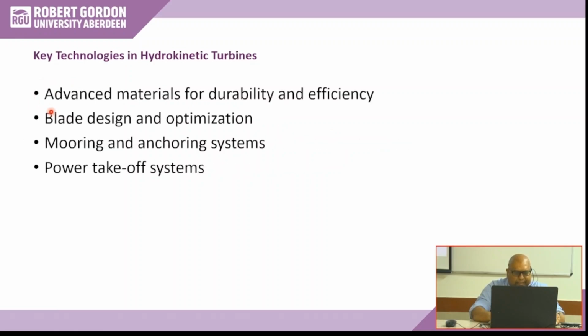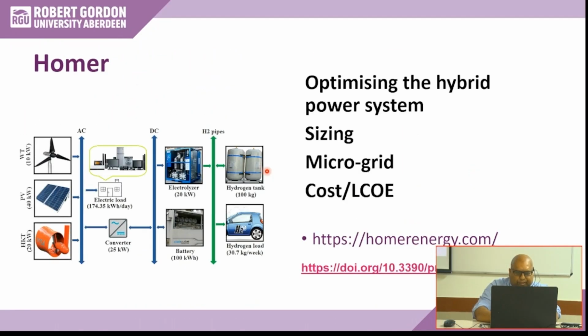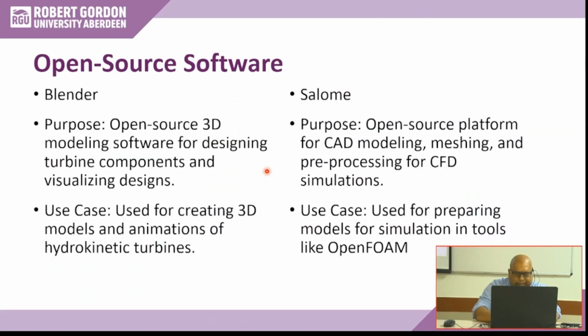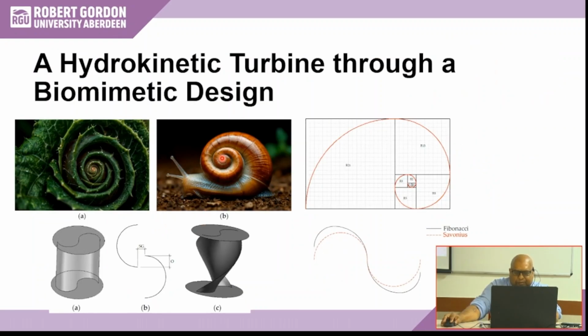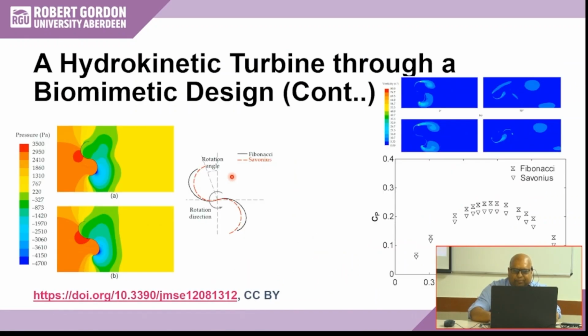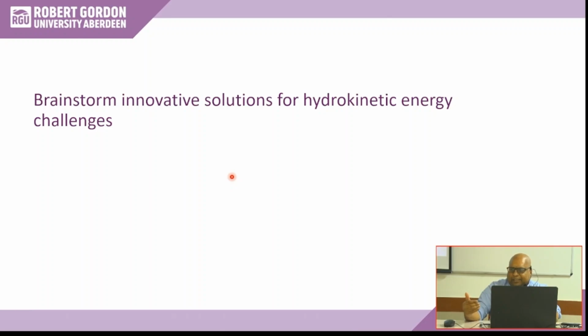Based on that, again, blade design and optimization, mooring system, and also I gave you some examples. This is one example of change of blade, another example here, but you don't need to follow those. Now think about, okay, you came up with your initial design yesterday I talked to you, and can I now think about and come up with any other changes in my design?